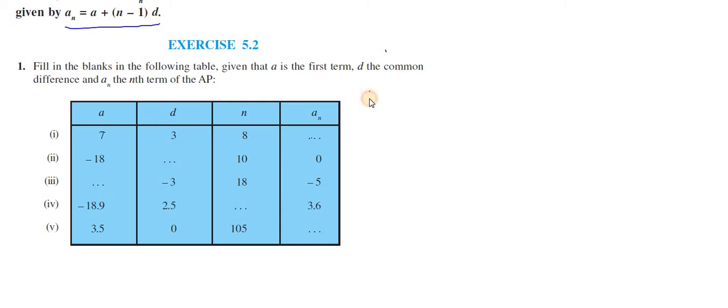I'll solve the first one here. We know that an equals a plus n minus 1 into d. Repeat along with me: an equals a plus n minus 1 into d. Whatever they have given, just substitute here.